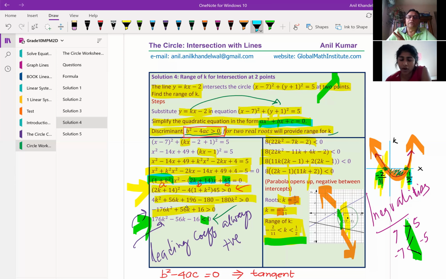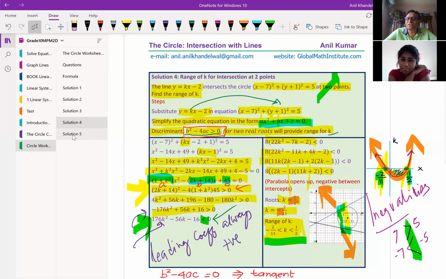These are the 2 values for tangential. Is that clear to you? Not touching at all means outside of these 2 values, not within, outside these 2 values. That is how we answer this question.